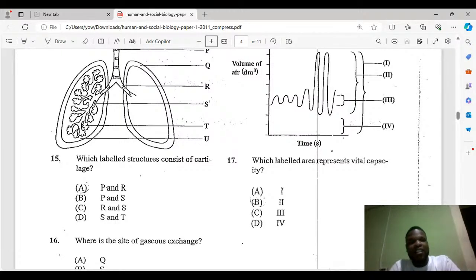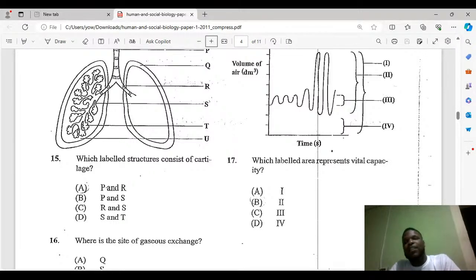Right? So a spirometer measures how much air you can breathe in, how much air you can let out. Vital capacity, right, is how much air you can take in at full capacity.